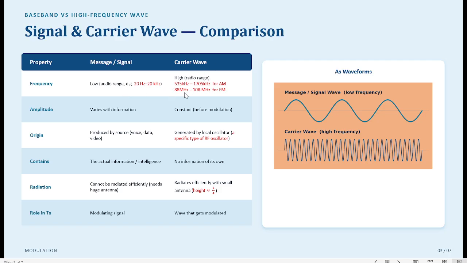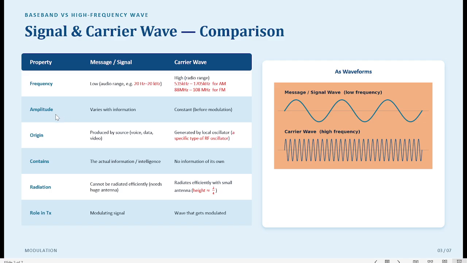For amplitude modulated or AM waves, the carrier frequencies are in the range 535 kilohertz to 1705 kilohertz, whereas for frequency modulation it lies in the range 88 megahertz to 108 megahertz.